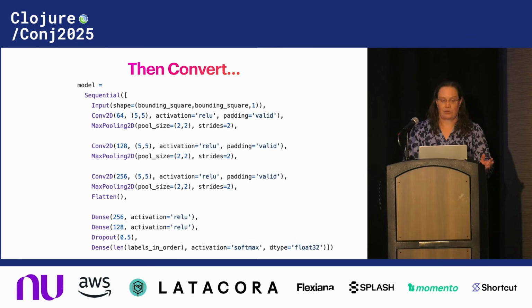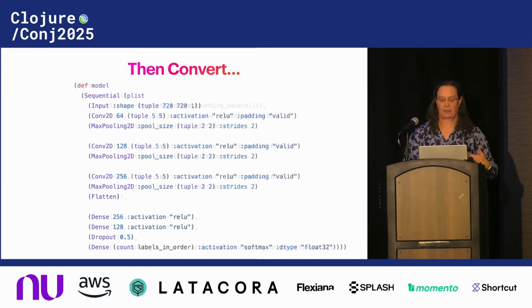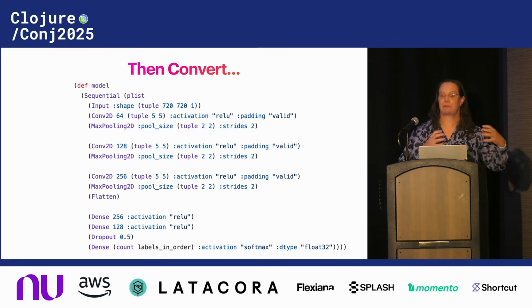Then I can convert, starting with this structure, which is a model for the medical images that I was looking at earlier. I can take almost exactly that code and switch it to a Clojure syntax. And you'll see that, of course, we can get rid of the commas. The named arguments turn into map style arguments.